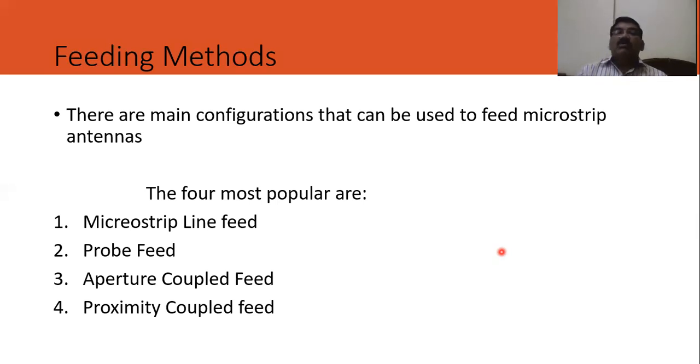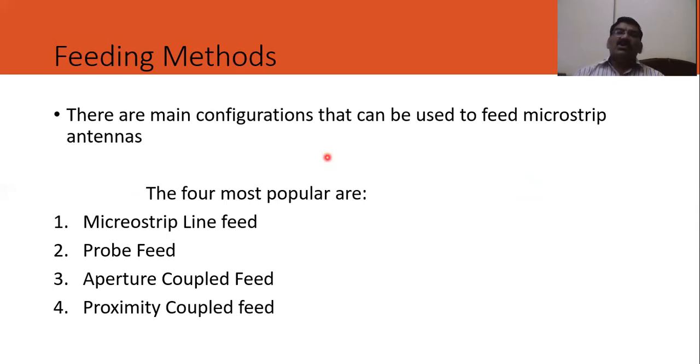But physically, how can the antenna be connected to the input, if it is the transmitting antenna? Receiving antenna is also the same. So these are the four ways. There are many configurations that can be used for feeding a microstrip antenna, but these are the most popular four.